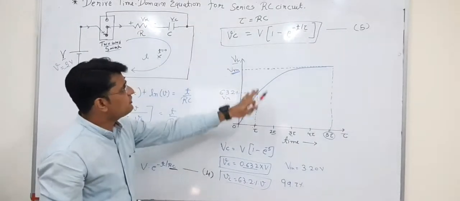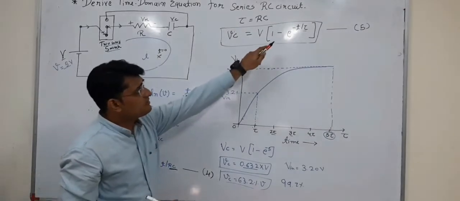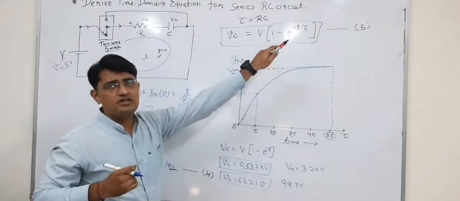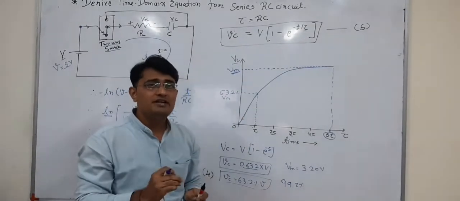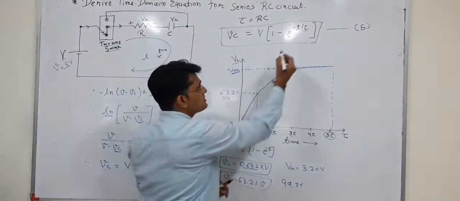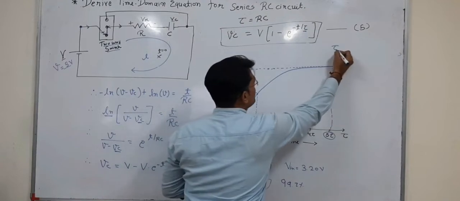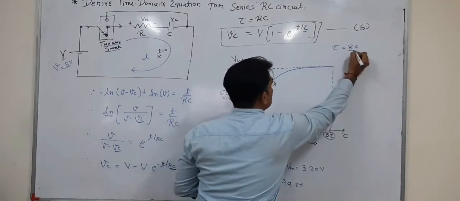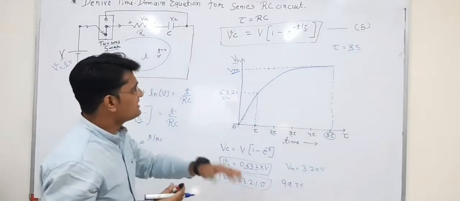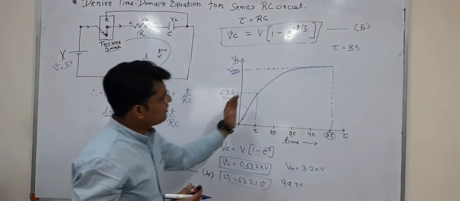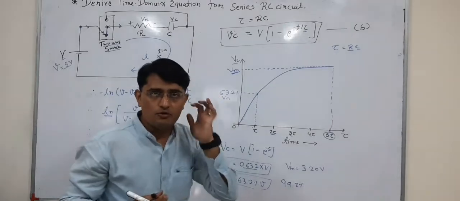Now from this equation we can take one more important conclusion, that the charging of the capacitor will totally depend on the time constant tau, that means the parameters R and C. Whatever the value of R and whatever the value of C you choose, depending on that the capacitor charging will behave, right?